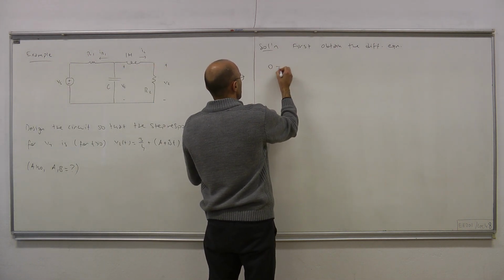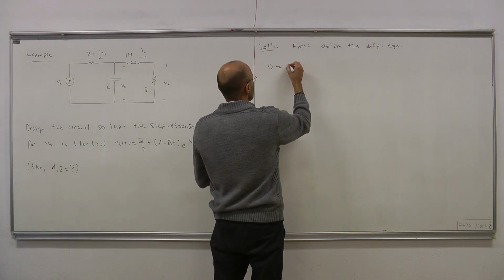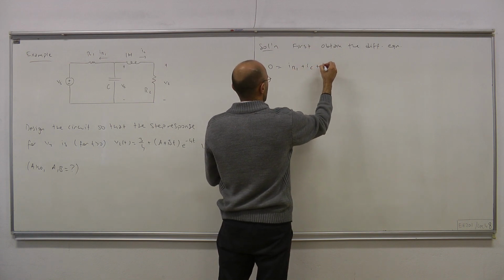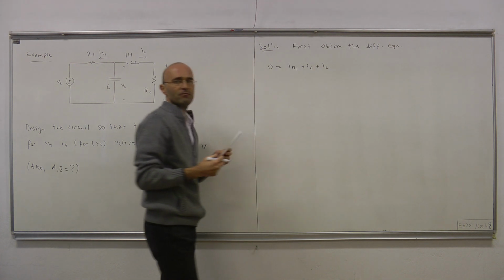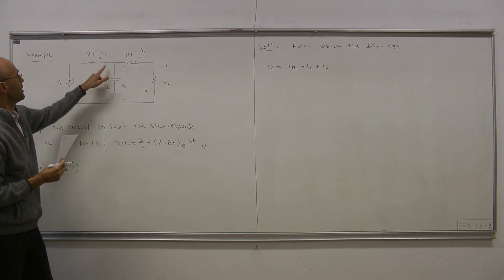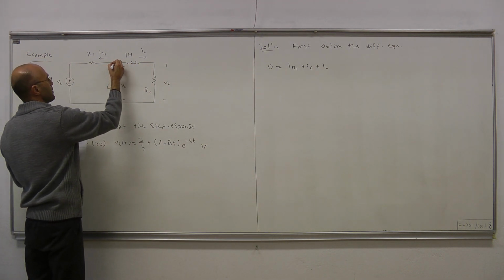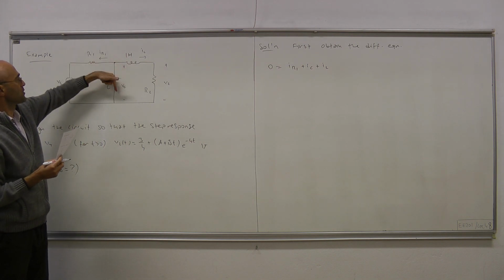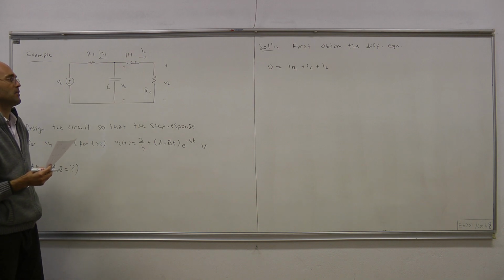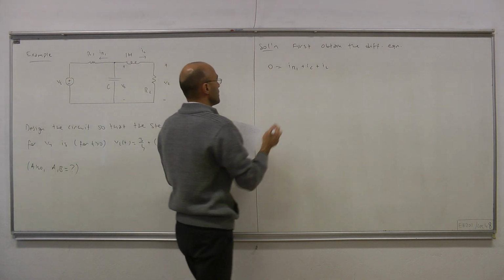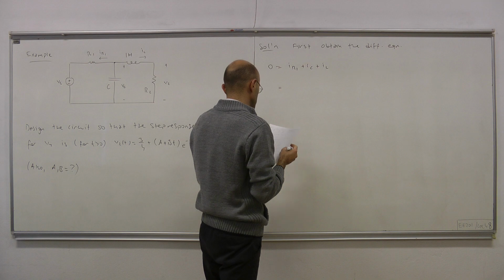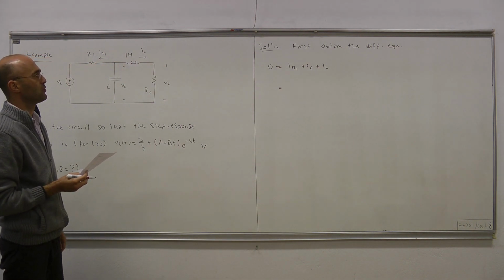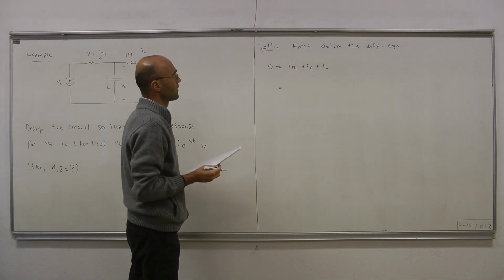So let's begin from KCL. 0 equals IR1 plus IC plus IL. Okay. So we wrote down the node equation. At this point, IR1 plus IC plus IL must equal 0. Now, eventually what we want is to represent everything in terms of IL. Okay.